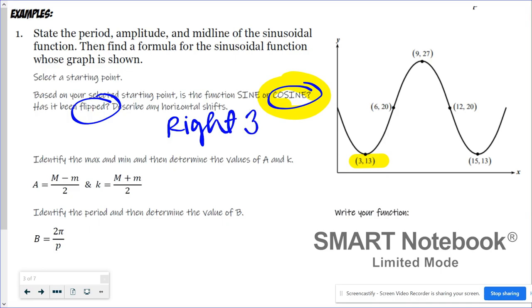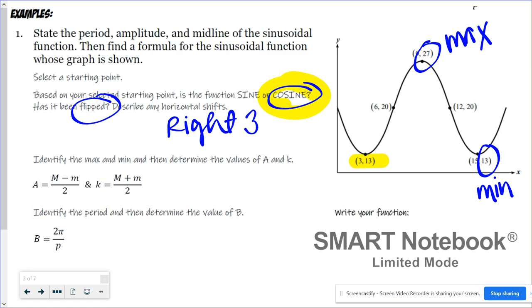Now for my amplitude, period, and midline. If I want to go the max-min approach, the maximum value of my function is 27 and the minimum value is 13. So I can plug these values into my amplitude and midline formulas.